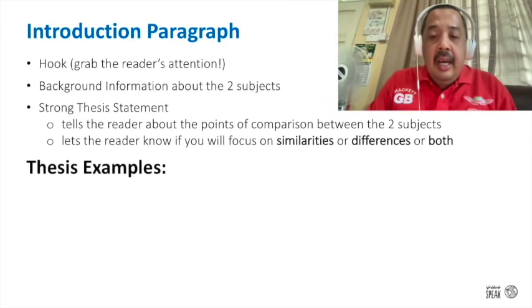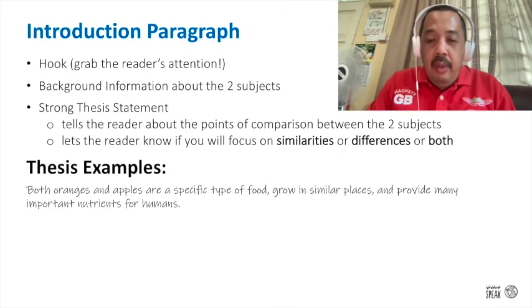Let's take a moment to look at what a strong thesis would look like for a comparison and contrast essay point by point method. I have done an example of thesis for similarities, differences, and both, to give you a better idea.